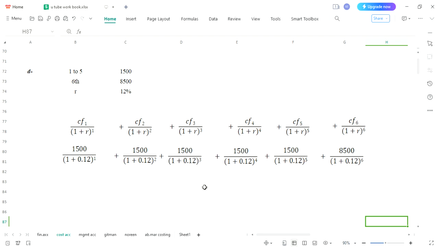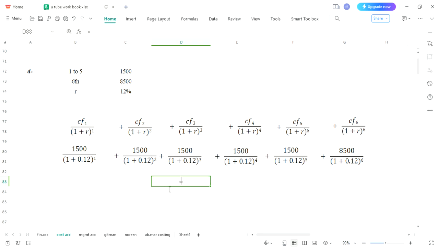Here is your most important part, how to put these values on your calculator. There are two ways. Just calculate the first cash flow answer, write it down here, then the second cash flow, third, fourth, fifth, and sixth cash flows, and put their answers over here. The next step would be to add all values. But I need your attention. You can put all the values present in front of you on the calculator at the same time.